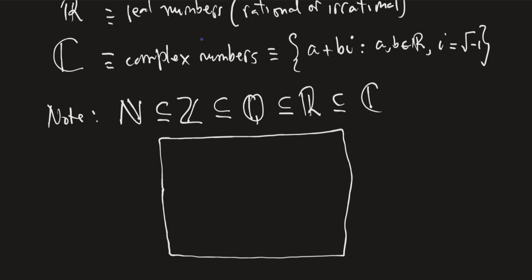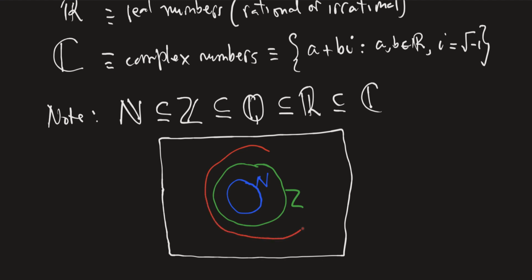Well, this would be N, I'll just use a regular N. And then N would be inside Z. And then all of that would be inside Q. And then all of that is inside, let me undo that.